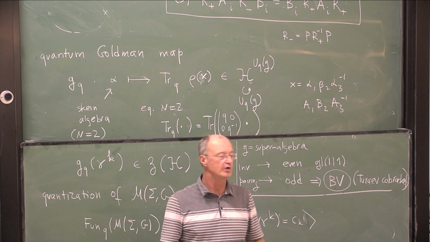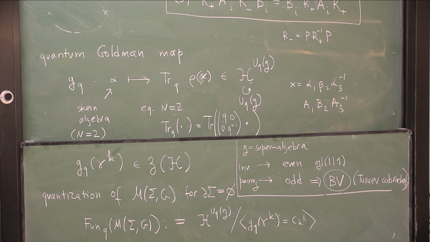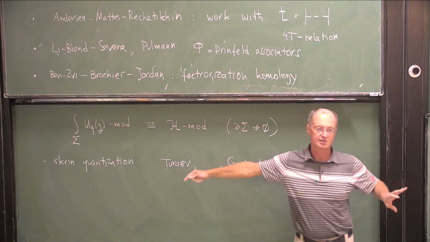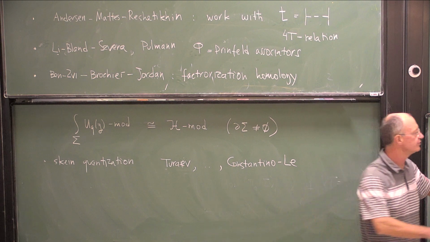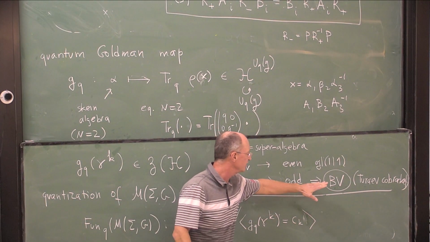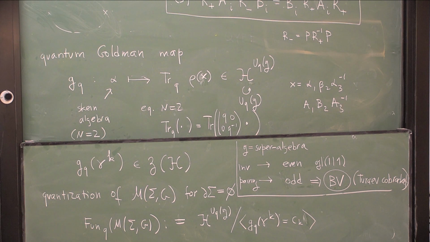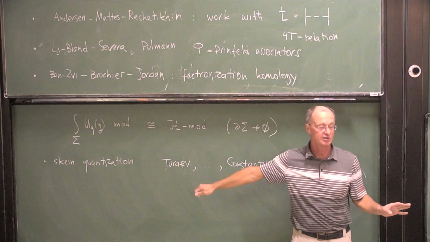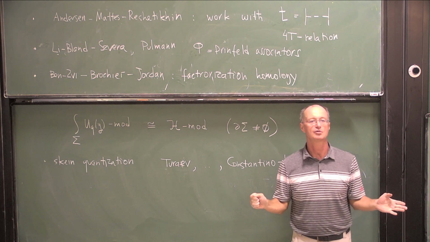One doesn't know what's the relation between this story and that story, even though they use the same structure, this Goldman-Turaev Lie algebra. So here there is really some kind of sea of open questions. In particular, probably this story should talk to that story of skein quantization at least. And this is absolutely not known.